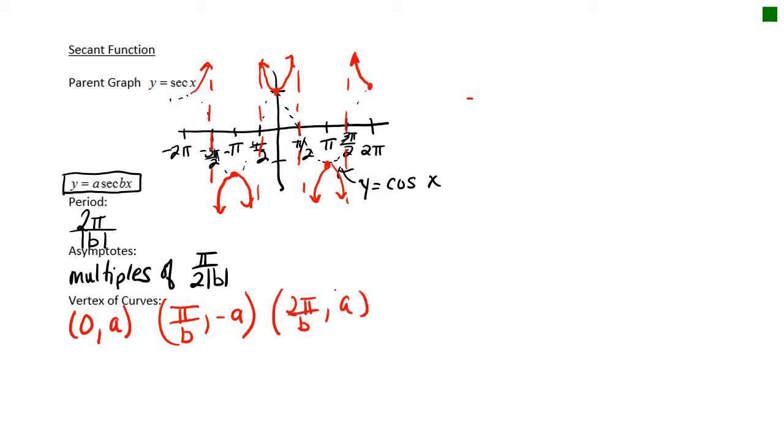So wherever we reach the top and bottom of the wave for cosine, now we have a vertex for the secant.